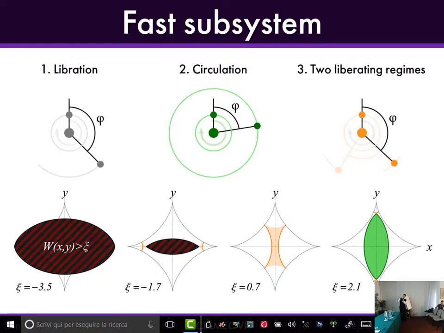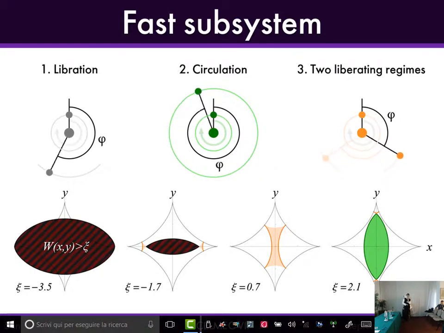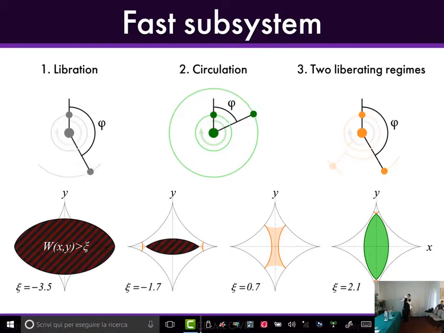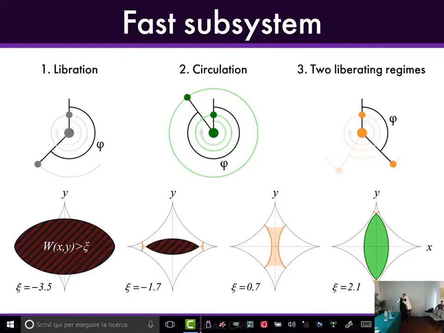Here, the first librating regime corresponds to the white area, which lies in most parts of the phase plane. The circulating regime corresponds to this green area in the center of the phase plane at large values of energy of the Hamiltonian level, and the two-librating regime exists in this orange area.